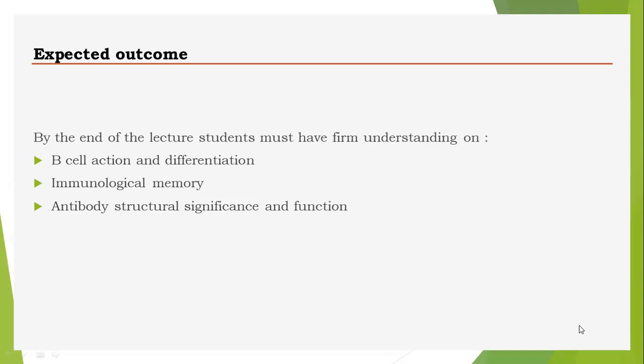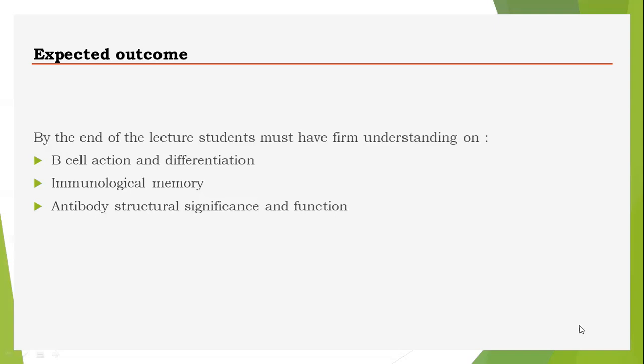Now we will add to that and try to see how best we are able to connect it all in terms of the B cell itself, the immunological memory, and the significance of these antibody structures that we have described previously. What is important is that we are trying to lay a ground for a comprehensive understanding of how the immune system is interrelated.